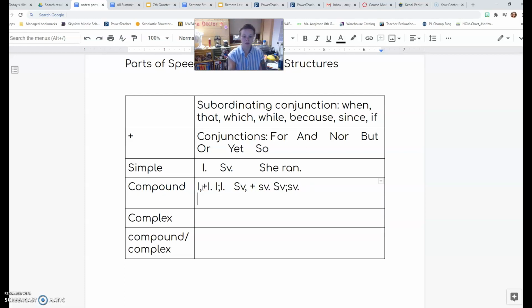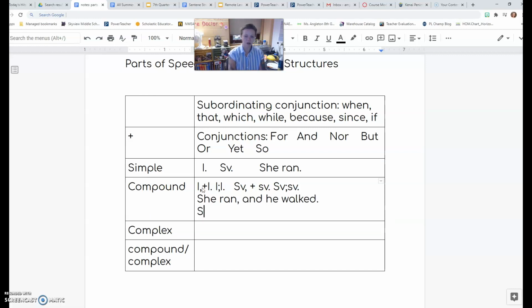So that would look, for example, like she ran and he walked, or she ran, semicolon, he walked. Okay, so compound sentences, 2 ways to do it. You can either use a comma and a conjunction or a semicolon to combine 2 independent clauses. They can stand by themselves.